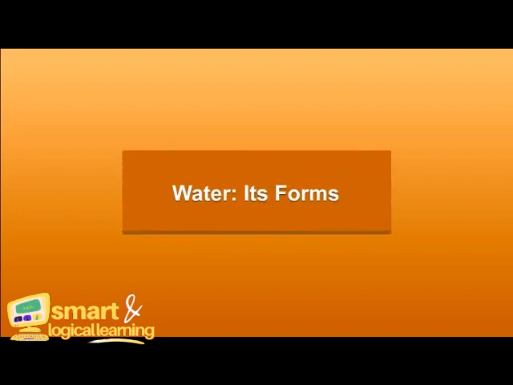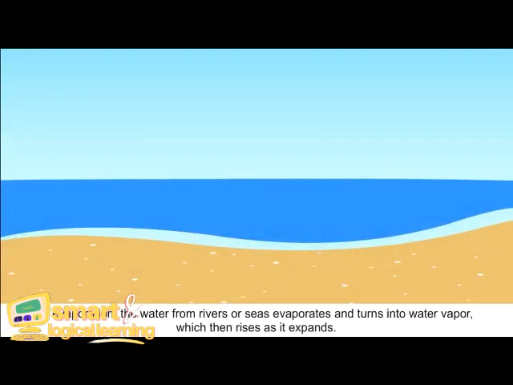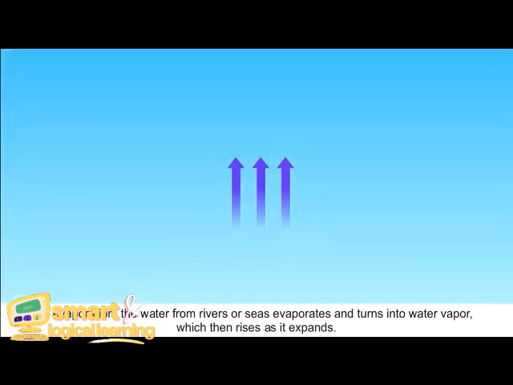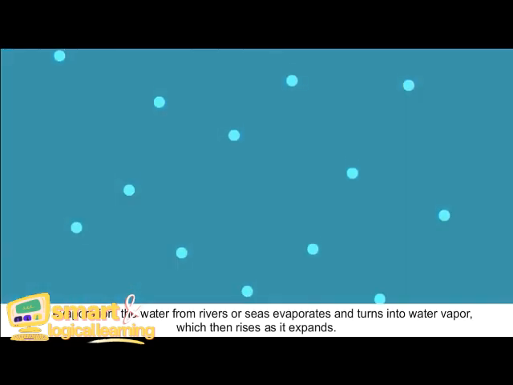Water, its forms. We have read about the water cycle earlier. It consists of the processes of evaporation, condensation due to cooling, and then precipitation in form of either rainfall or snow or hail, etc. In evaporation, the water from rivers or seas evaporates and turns into water vapor, which then rises as it expands.